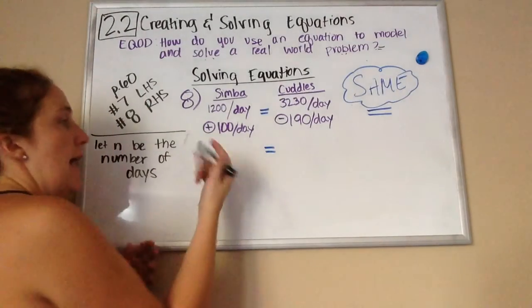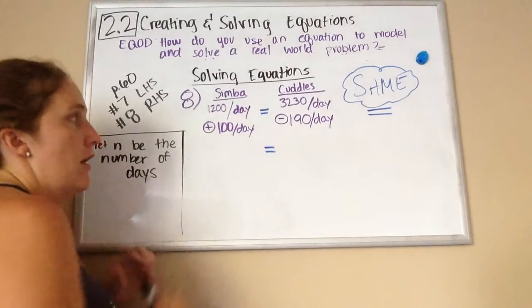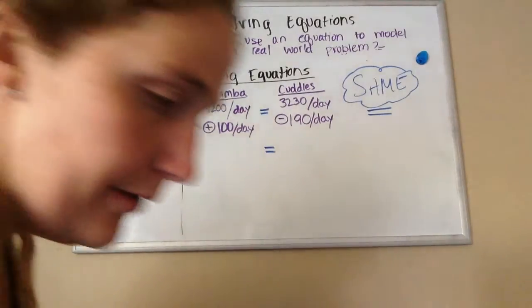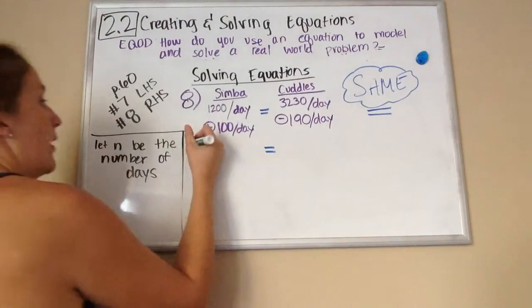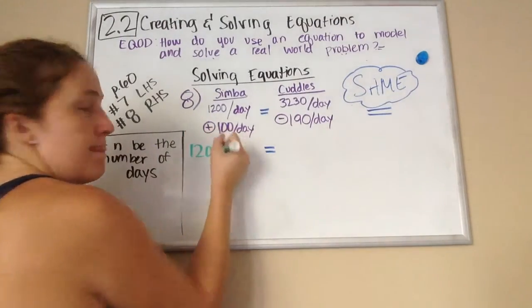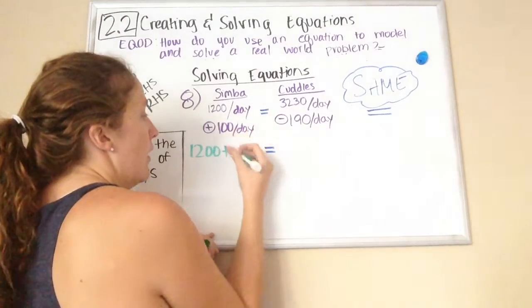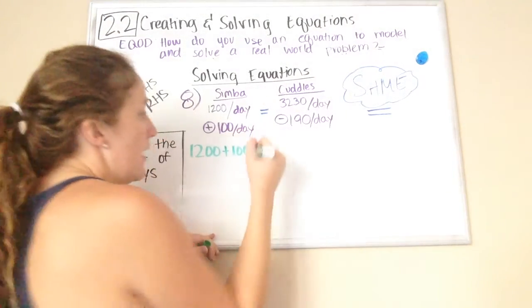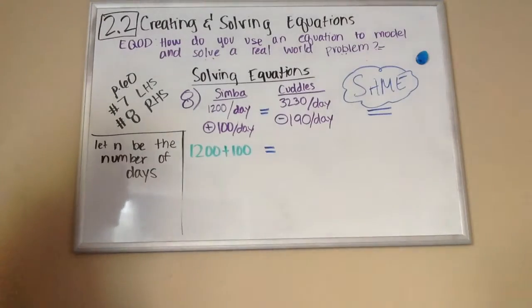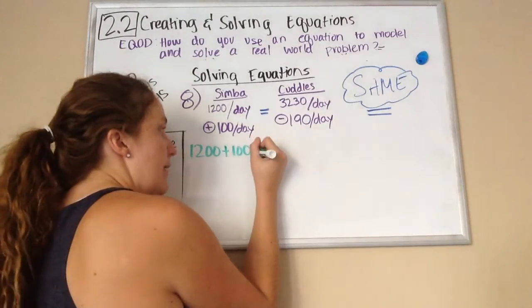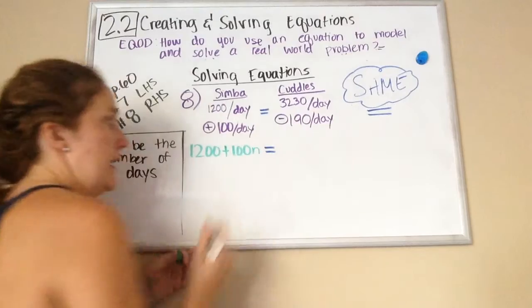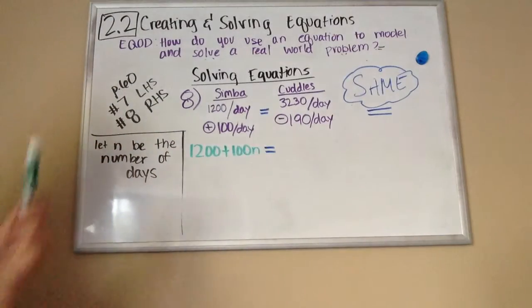So Simba's got 1,200 already. Simba's starting off with 1,200, and then they're adding 100 every day, so we have to multiply that by n. How about Cuddles?